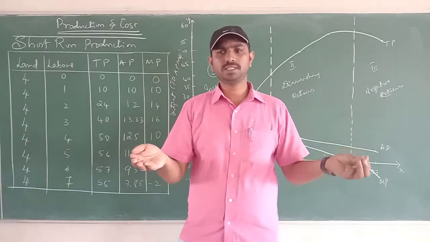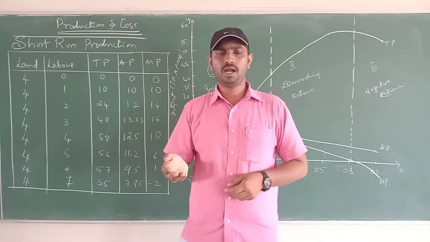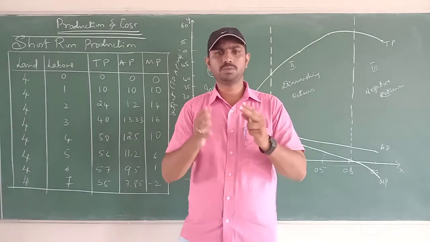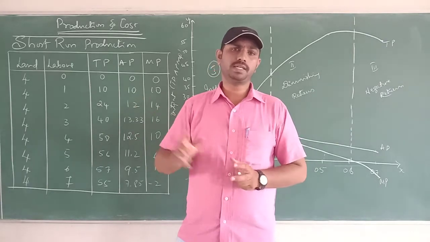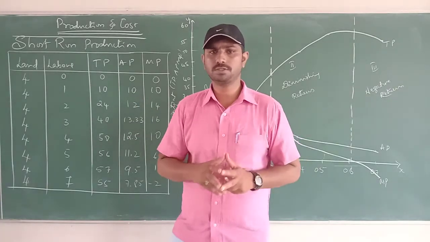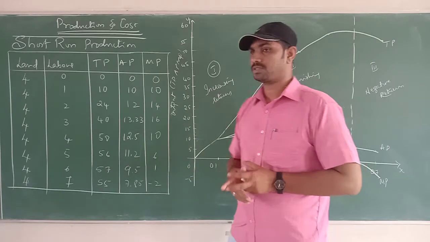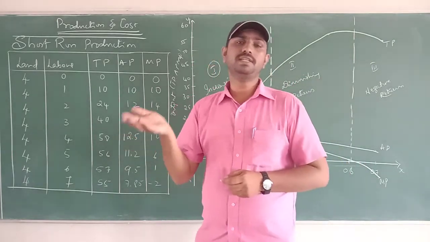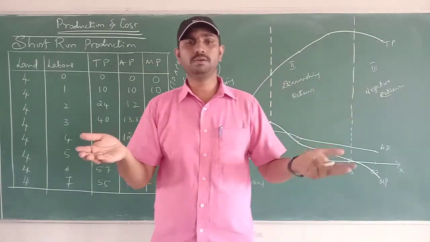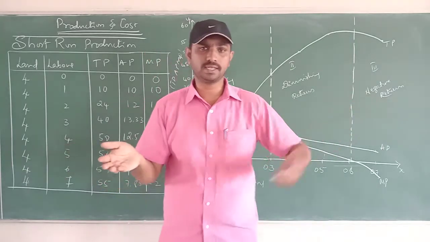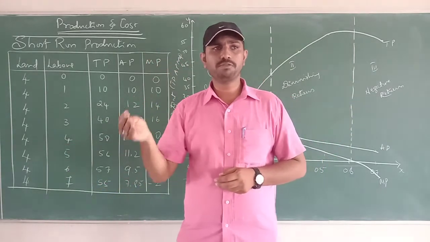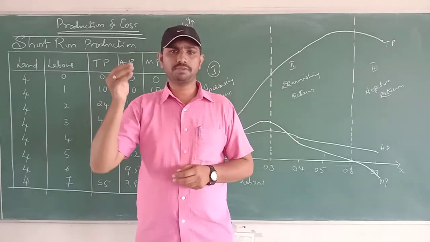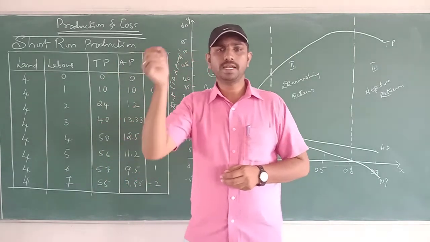The variable factors work with the fixed factor, and as long as there is a positive relation between the fixed factor and the variable factor, returns will be positive. That stage is called increasing returns. When the fixed factor feels burdened with the variable factors like labor and other capital equipment, then the capacity of the fixed factor to give results will turn downward.